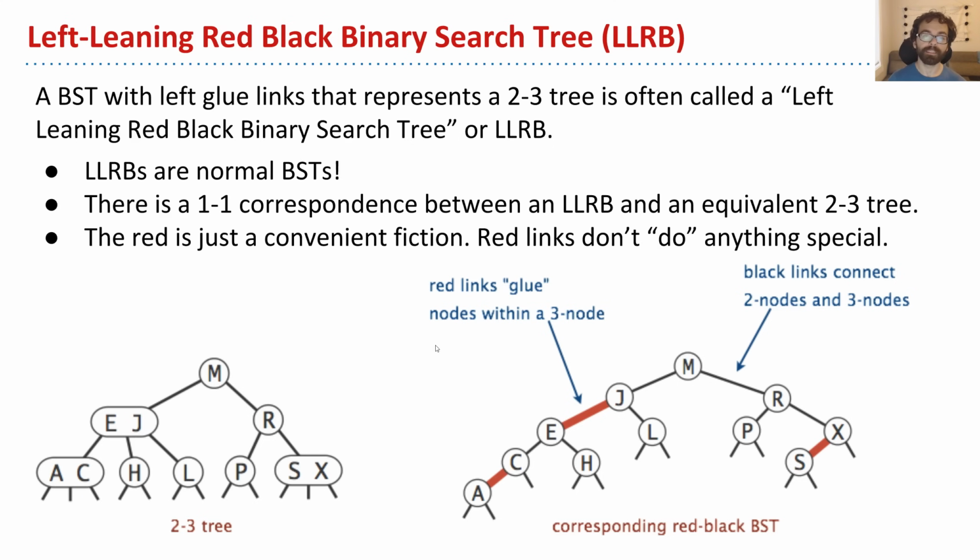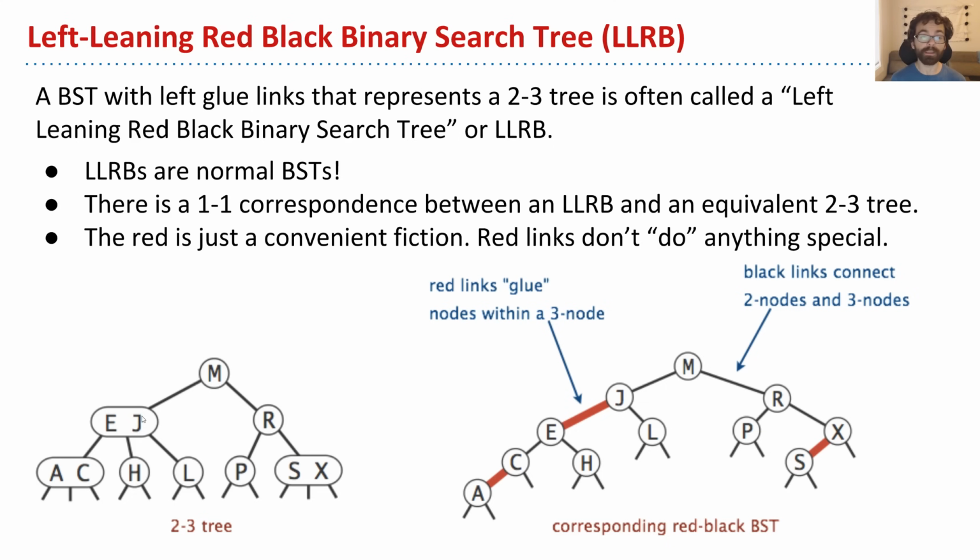Now, I should note that left-leaning red-black search trees are just normal BSTs. Okay? The red doesn't do anything special. It's just a convenient fiction so that we can remember which links corresponded to a connection between two items that were part of a 3-node in the equivalent 2-3 tree. Okay?